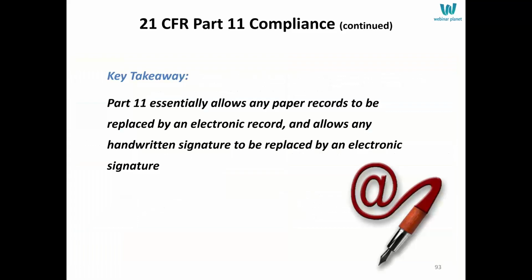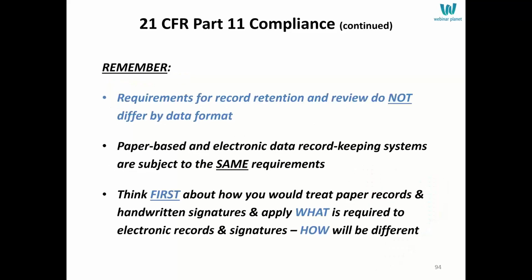So Part 11 lets you replace any paper records and handwritten signatures with electronic records and electronic signatures. What is required for paper is the same that's required for electronic, only how you meet the requirement is different. Record retention and review is also the same, whether it's electronic or paper.